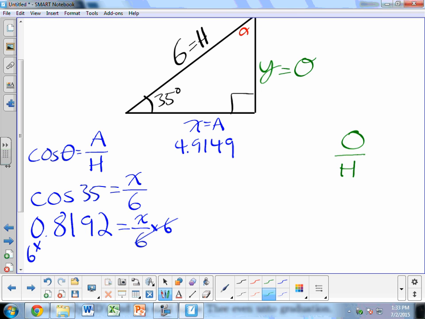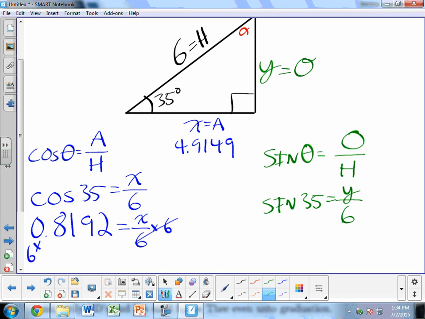Which trig function uses the opposite and the hypotenuse? This would be the sine. So we're taking the sine of theta, which is opposite over hypotenuse. Now, I know that my theta is 35 because that's my reference angle, and my opposite side is what I'm looking for. That is y. My hypotenuse is 6.